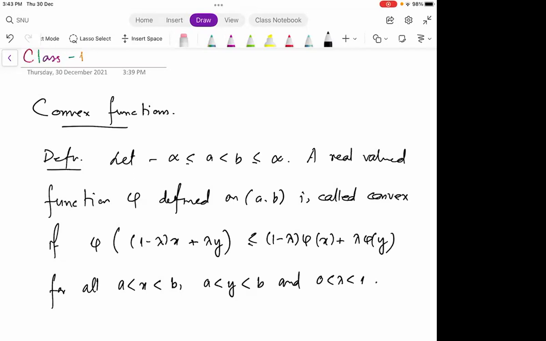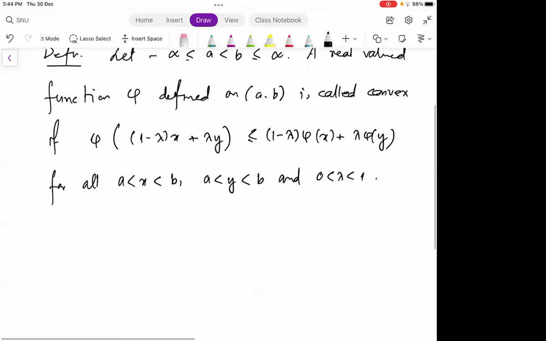And the demand is that x and y are 2 points, and (1 minus lambda) x plus lambda y is a point in between. If you think of x and y as 2 points on the real line, (1 minus lambda) x plus lambda y is just a point in between, and any point in between is in fact of this form.